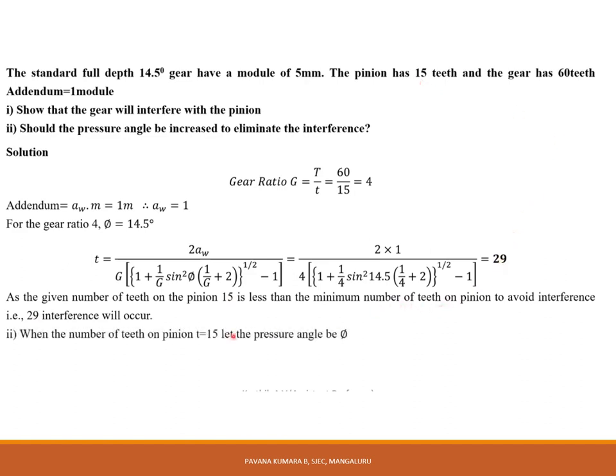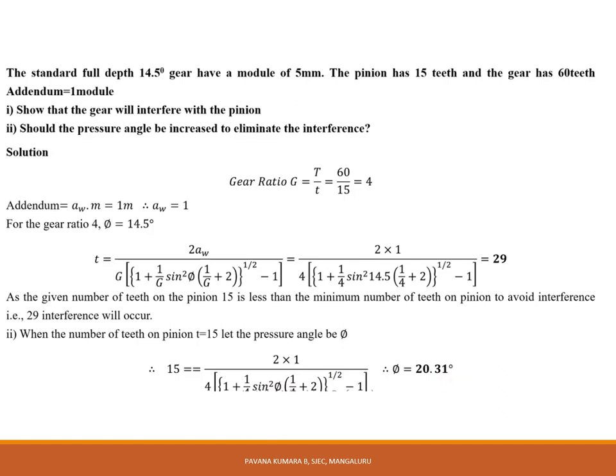So when the number of teeth on the pinion t is equal to 15, let's find the pressure angle. You have to do a reverse calculation in order to find the pressure angle. Here t is 15, then 2 into 1 and 4, with all the data, you find phi, the unknown, and you will get phi is 20.31 degree.